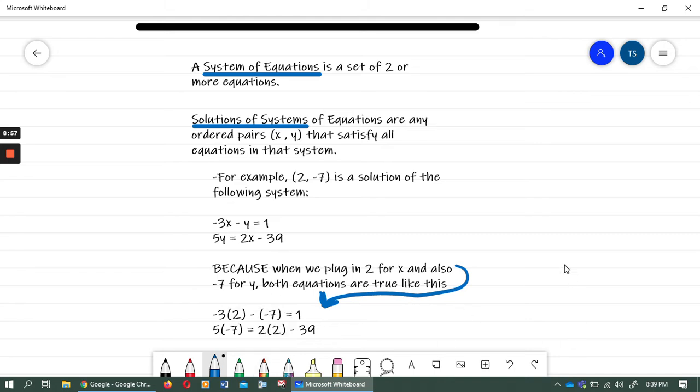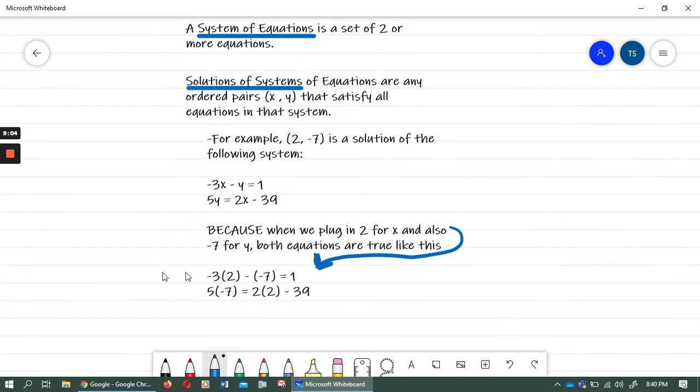And guys, if you ever want to check to see if an ordered pair is a solution for a system of equations, then you can do that.